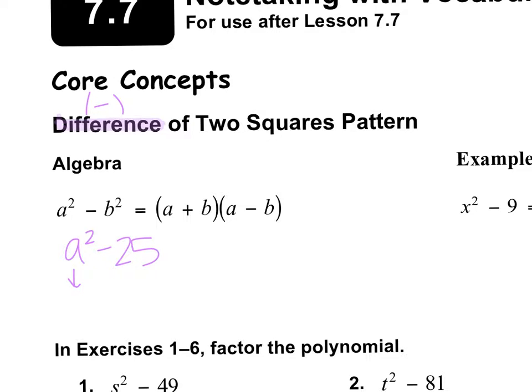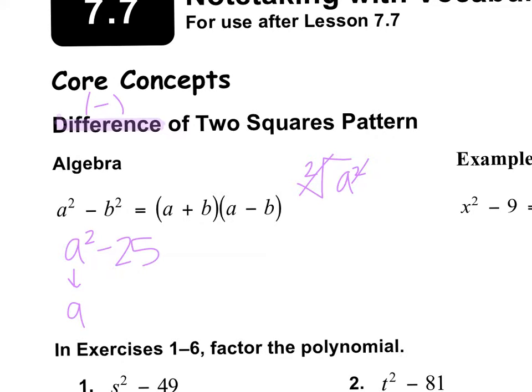And I can essentially think about taking the square root of each of those. If I took the square root of a squared, what would I get? Square root of a squared. Kind of seems weird. What would I get? A, right? Because my square root and my square would cancel out.